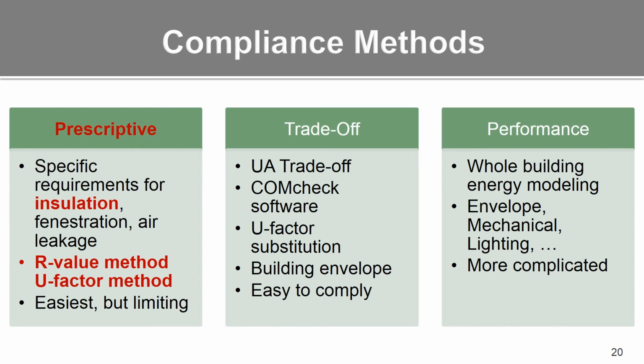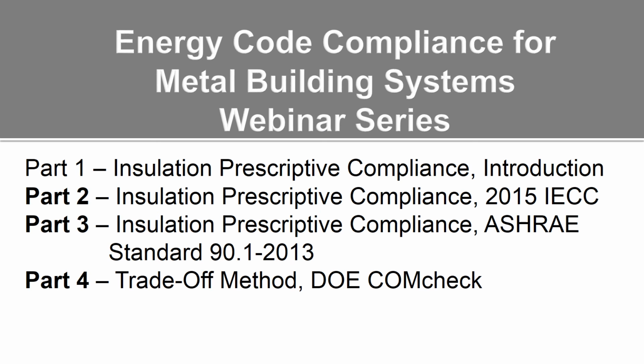So we'll focus more on the R value and U factor method regarding insulation in the upcoming webinars in part 2 for the 2015 IECC and part 3 for ASHRAE Standard 90.1.